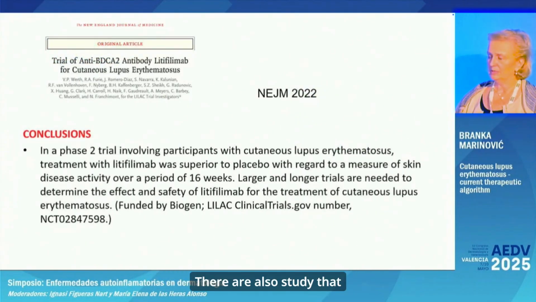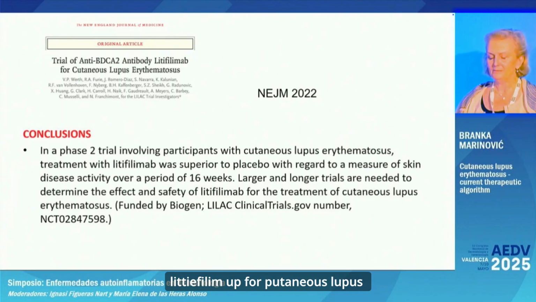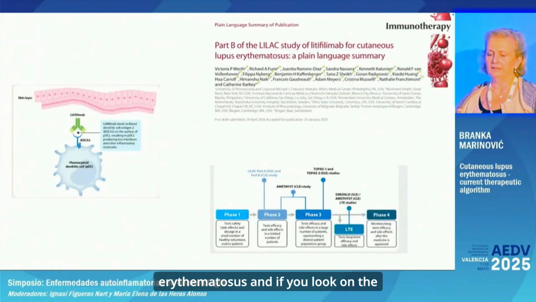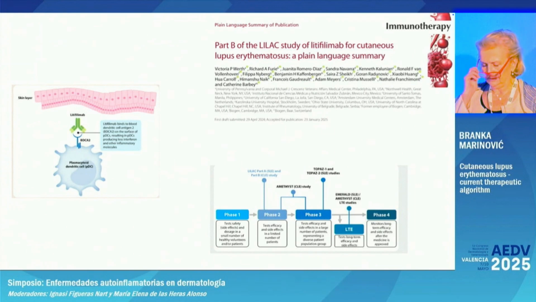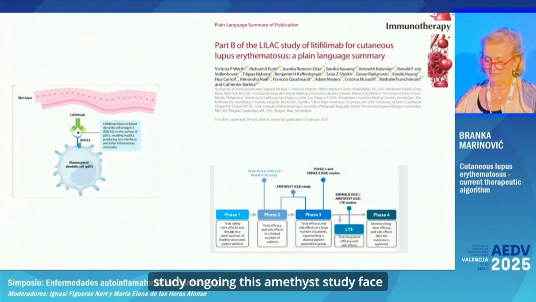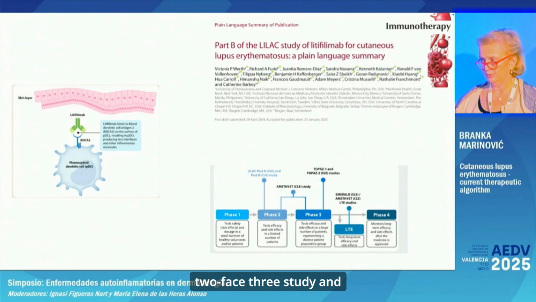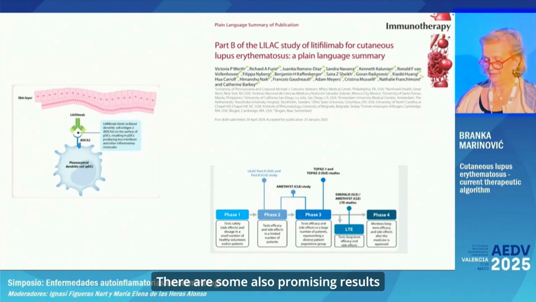There is also a study ongoing on litifilimab for cutaneous lupus erythematosus, and if you look at the webpage of the study, it is the Amethyst study, phase 2/phase 3, and there are also some promising results with that drug.